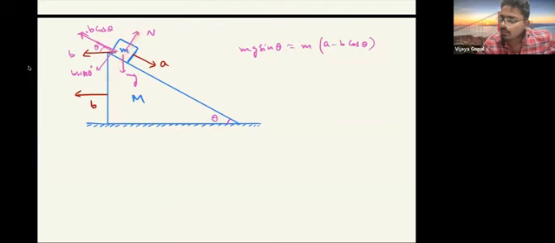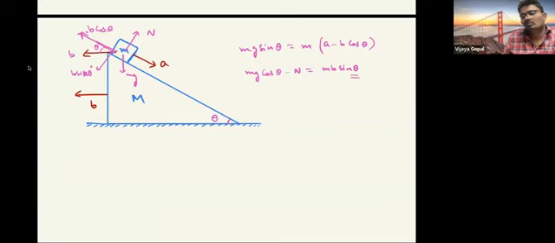That means mg cos theta minus N will be equal to what, sir? mB sin theta. Is it fine? Correct, no? The block acceleration I just resolved along the inclined plane and perpendicular to the inclined plane, and forces also I resolved along the inclined plane and perpendicular to the inclined plane.